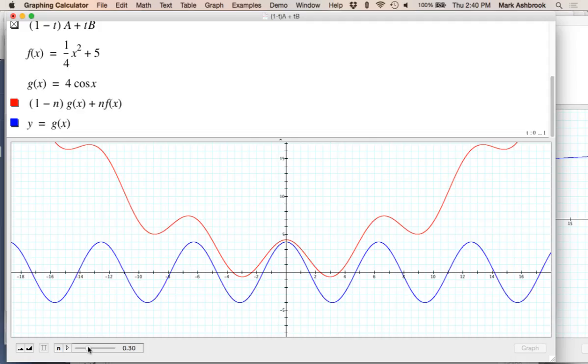Here's n equals 0.3. So what is it? 0.7 times the function g plus 0.3 times the output of f. Right? So for any given x value, you're taking what? 70% of the value of g, adding it to 30% of the value of f.